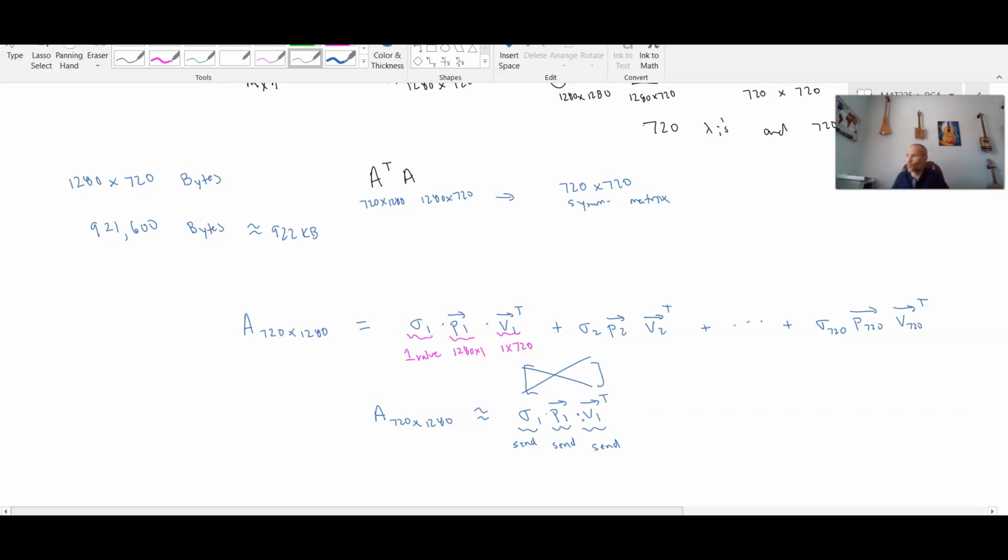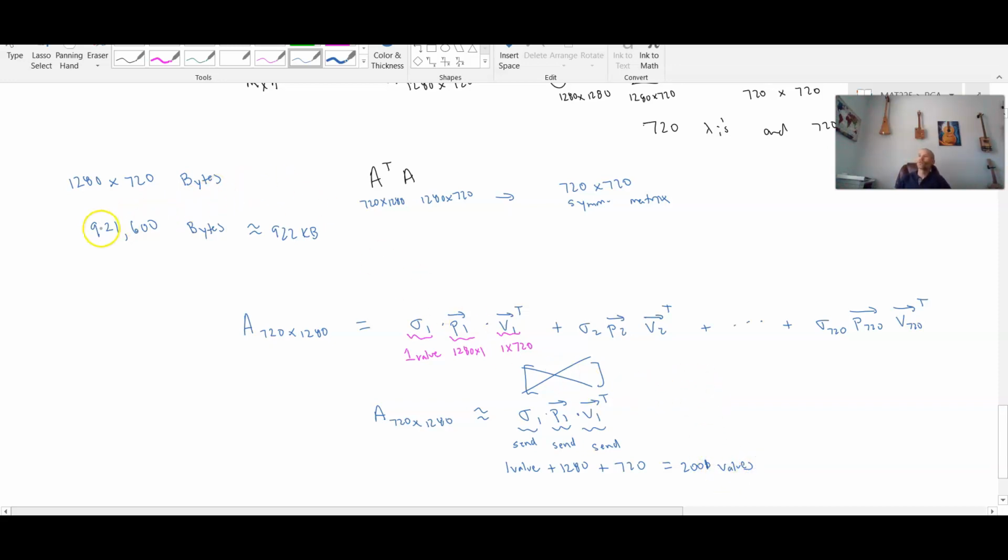The computer does all this work for us. Sigma 1 is one value, then I have to send 1,280 more values, and then 720 more values. So in total, this will come out to 2,001 values that must be sent.